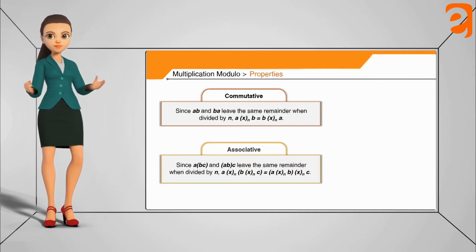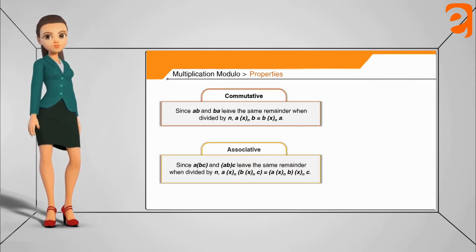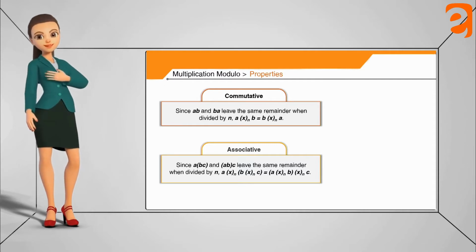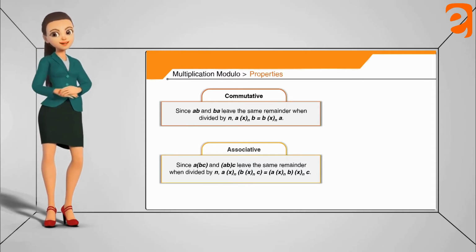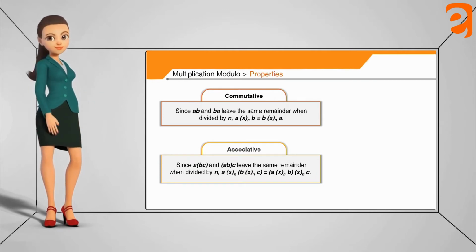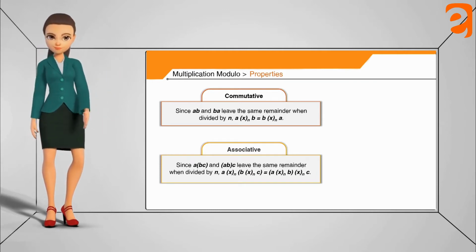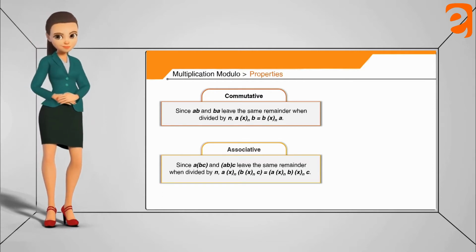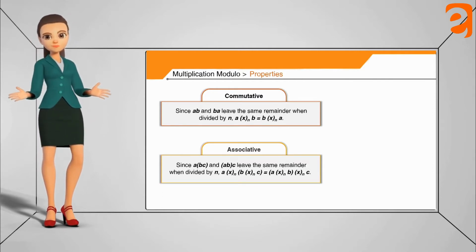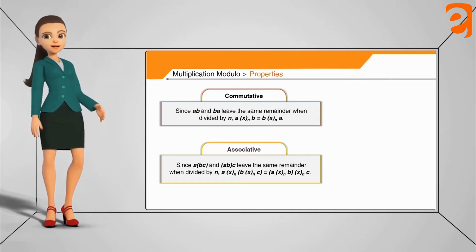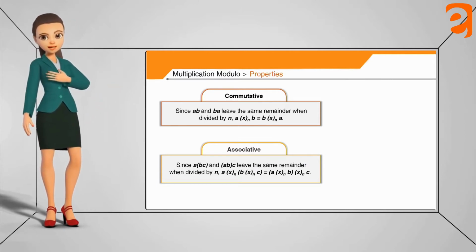Similar is the case with associativity. It says that if a, b, c are three elements from your set, and n is any positive integer, then multiplying a modulo n with the multiplication modulo of b and c is equivalent to first taking the multiplication modulo of a and b and then taking the multiplication modulo with c.